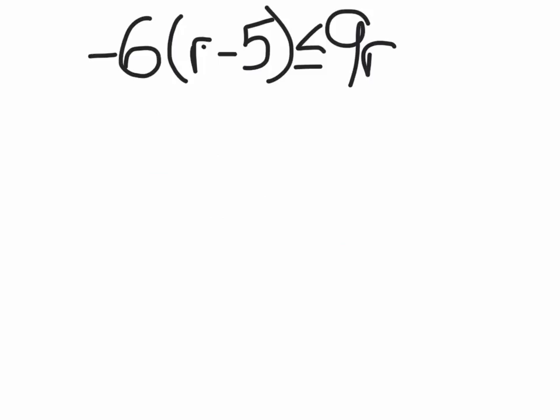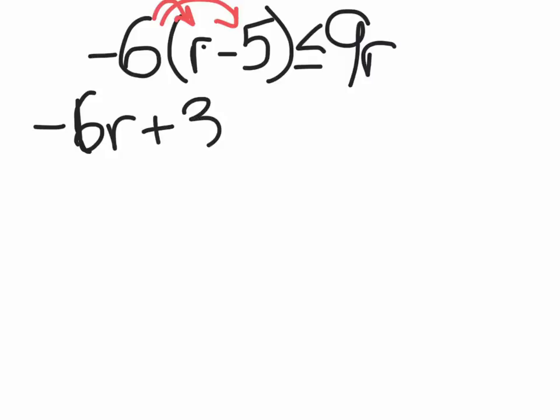Okay. So let's take this and let's actually solve an inequality. It's just like we do when we're solving an equation. So the first thing that we have to do is distribute. And I know that because of the parentheses. So -6r, and -6 times -5 is a positive 30, is less than or equal to 9r.